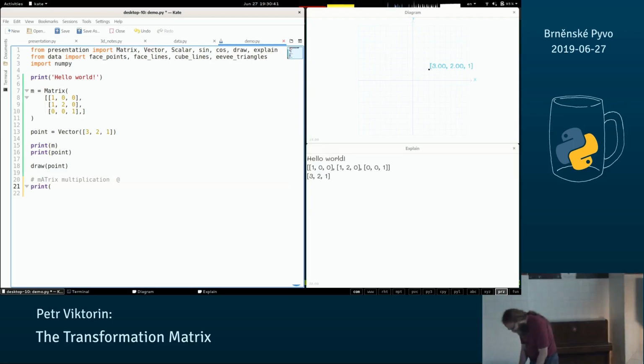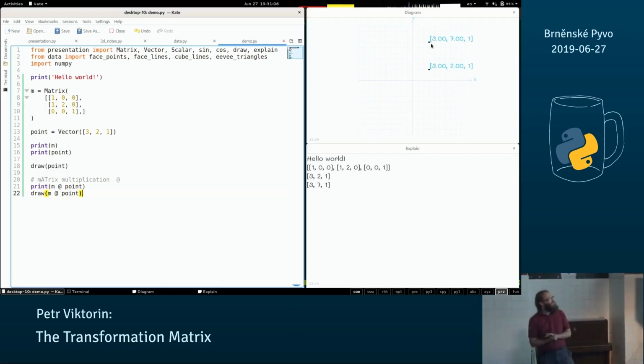So I will print m multiplied by the point. And it's a different vector. Alright? I can draw that. And we can see the point got moved up by the multiplication.